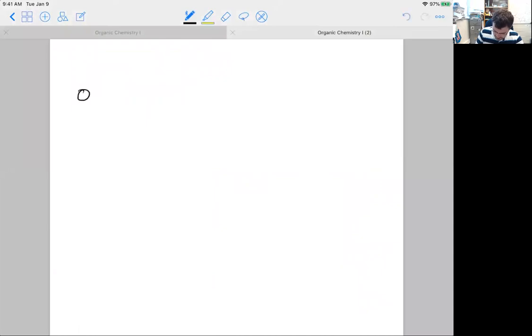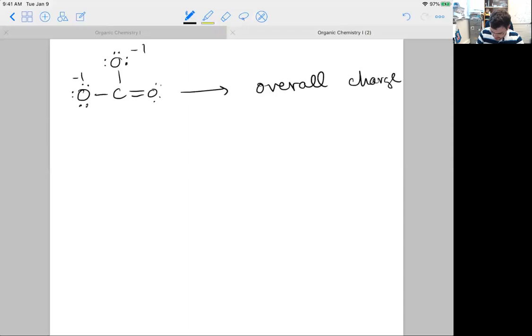Now, with this structure, draw those dots a little bit nicer. With this structure and the negative charge, we can then see how the overall charge is -2.